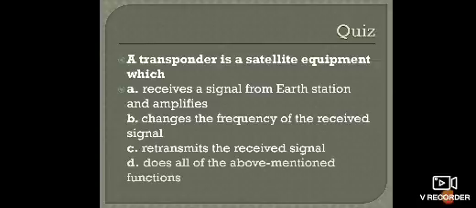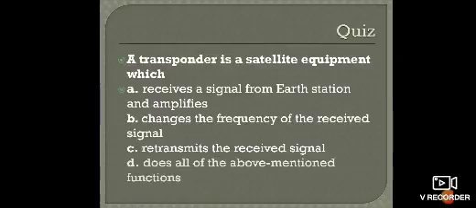What is the answer? A transponder is a satellite equipment which receives the signal from the Earth station and amplifies it, changes the frequency of the received signal, and retransmits the received signal. So it does all of the above mentioned functions.